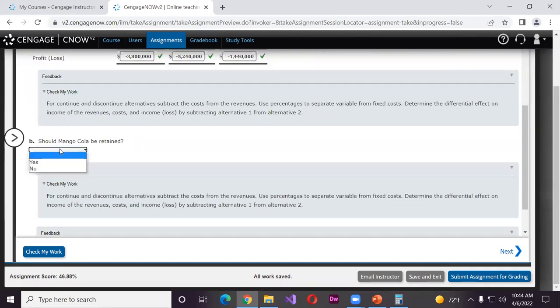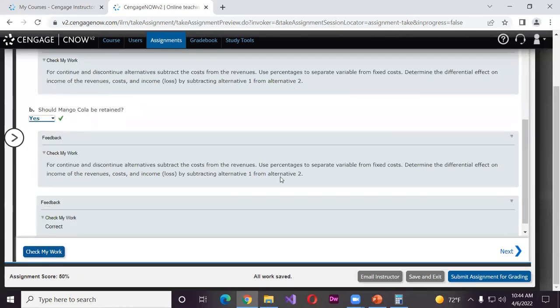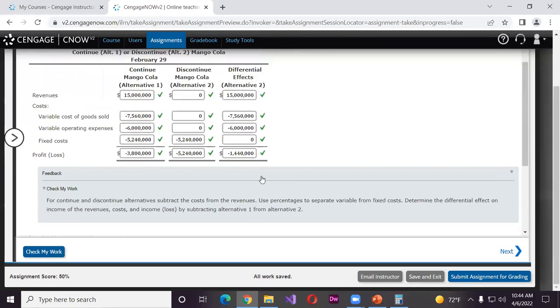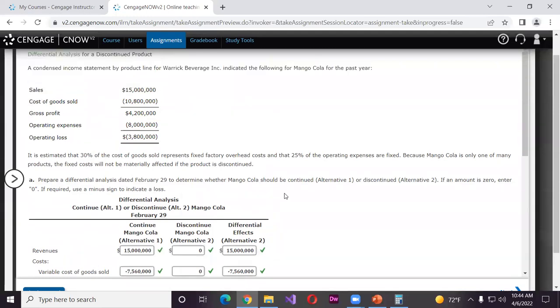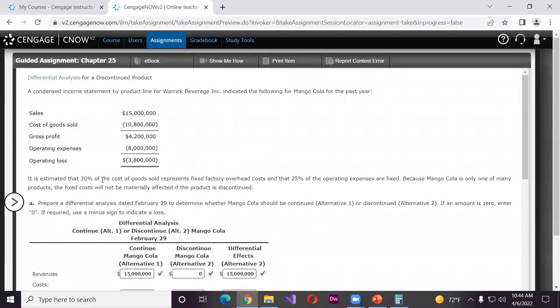So should Mango Cola be retained? Yes, we should continue making it. Are we good to move on to the next one, or give you a second? Okay. So fixed costs is 30% of cost of goods sold plus 25% of operating expenses.